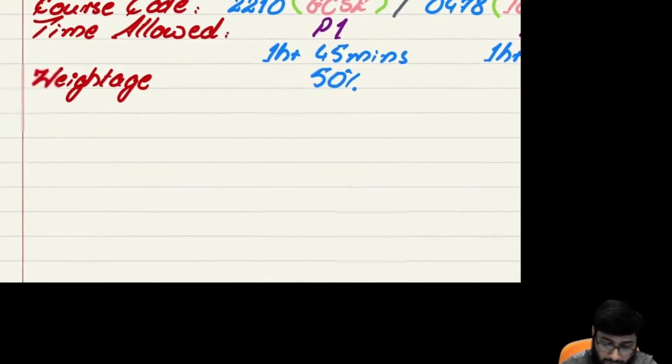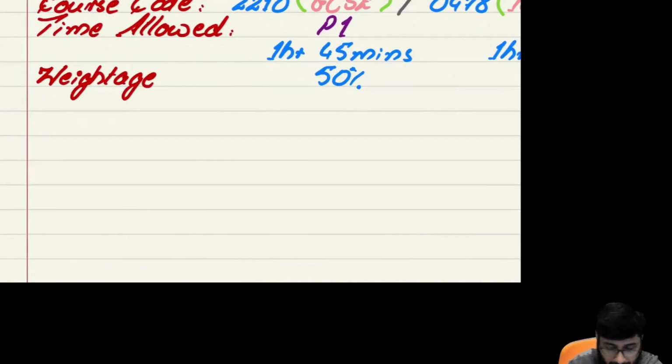Now, what are the names of P1 and P2 and what are the topics that we need to cover? We are going to write it down.